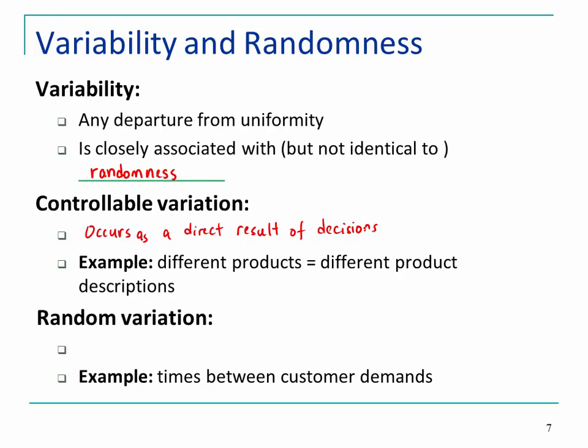Okay, but there's another type of variation that we name random variation, and this is a consequence of events beyond our immediate control.